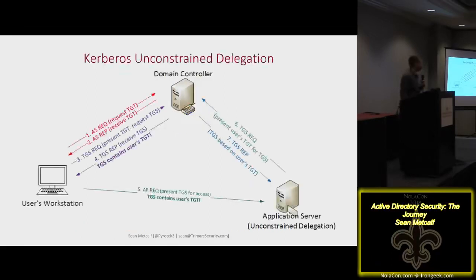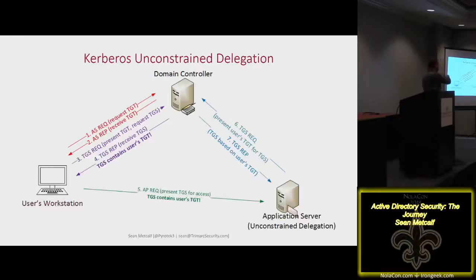Through delegation, that web server can impersonate that user and then make changes on the database on behalf of the user. The problem is with unconstrained delegation, the domain controller would check when the user connects and says, I want to connect to this web server, this application server. It would see Kerberos delegation was set on that account, and then put the user's TGT, their authentication ticket, their proof of identity on the network, into that service ticket that's delivered to that application server. So then the application server can impersonate that account to anything on the network that's Kerberos.